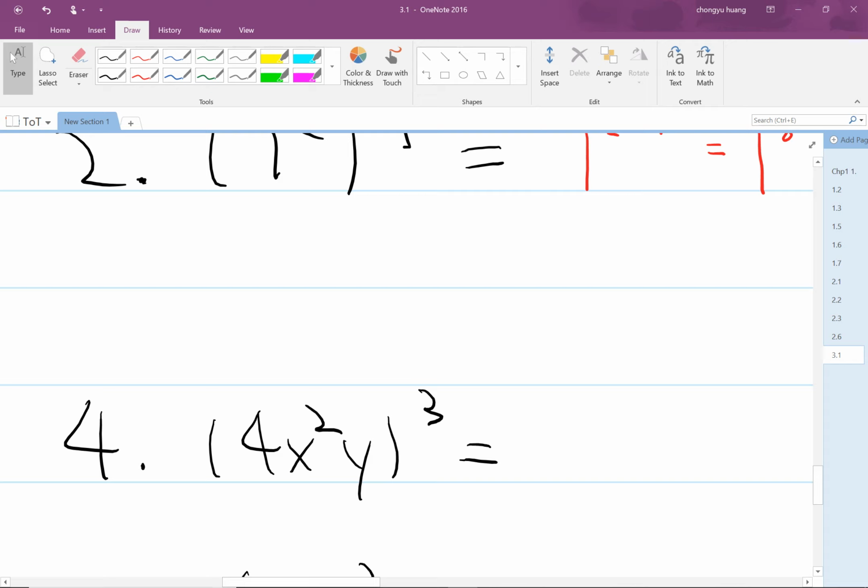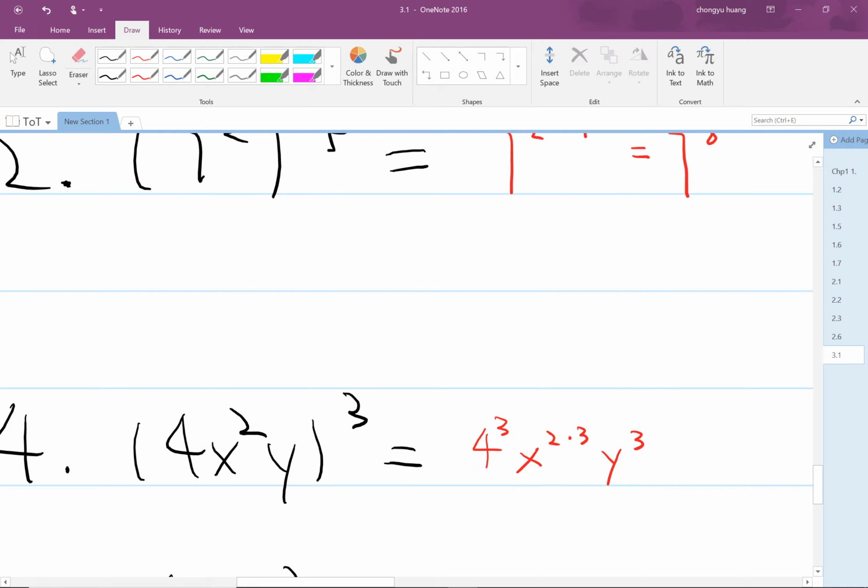So what we have is 4 to the power 3, and then x to the power 2 multiplied by 3, and then y to the power 3. Then we need to simplify a little bit. 4 to the power 3 is actually going to be 64, and then we have x, 2 multiplied by 3 is 6, and then y to the power 3.